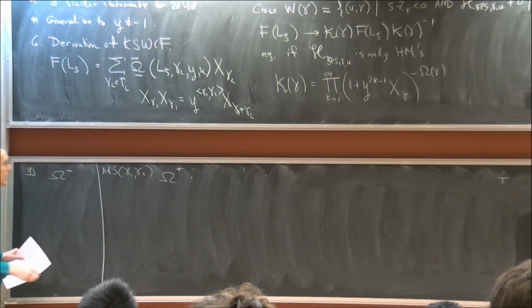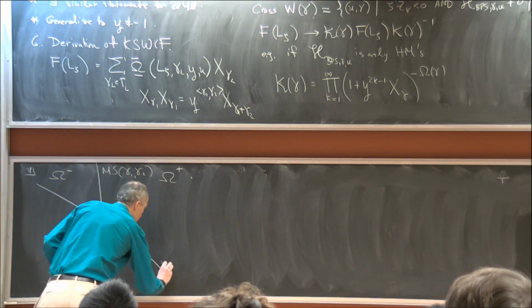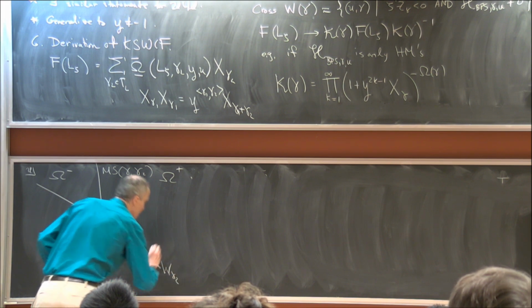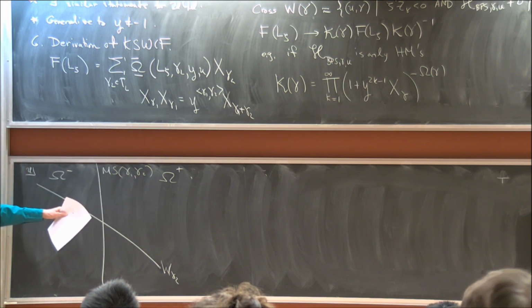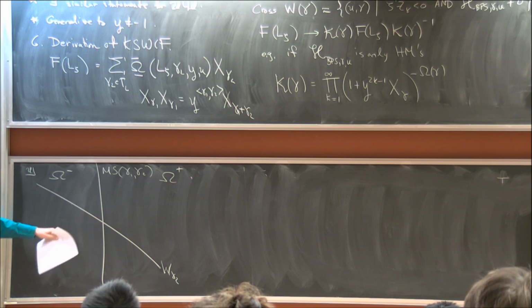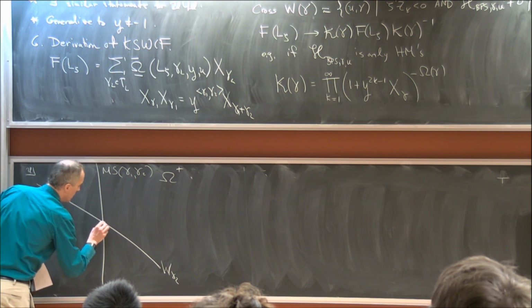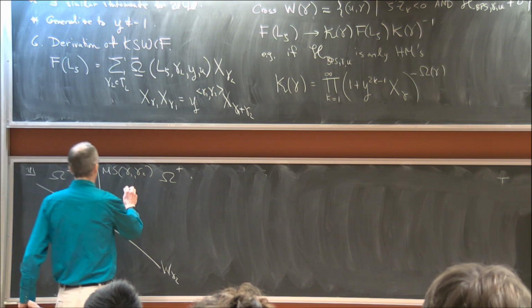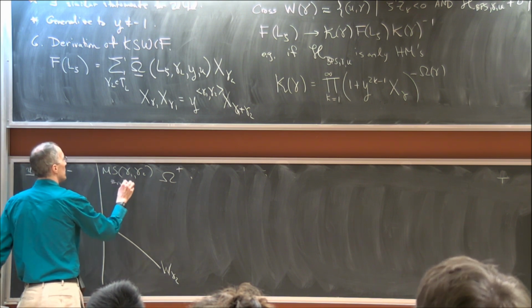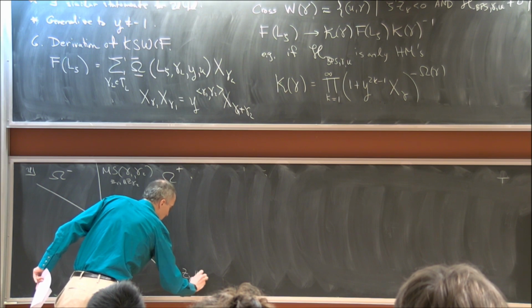Now, let's think about one of these BPS walls. Say W gamma 2. Well, these are both real codimension 1 subvarieties of the u-plane, of the Coulomb branch. So they intersect in a codimension 2 subvariety. Okay? So this is where Z of gamma 1 is parallel to Z of gamma 2, and this is where Z of gamma 2 is parallel to minus zeta.